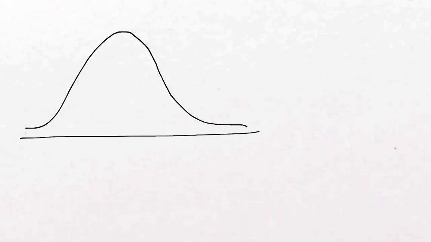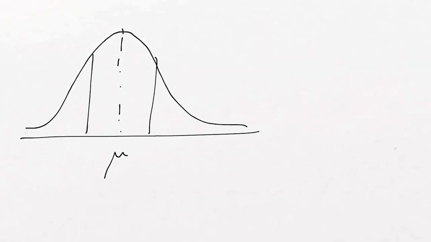We discussed the normal curve, the standard curve. So here was the mean. And this here is 2 sigma. That's also 2 sigma, so that's minus 2 sigma and plus 2 sigma.